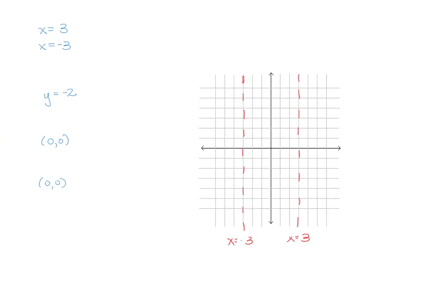We had a horizontal asymptote at y equals negative 2. And we had an x-intercept and a y-intercept at 0.